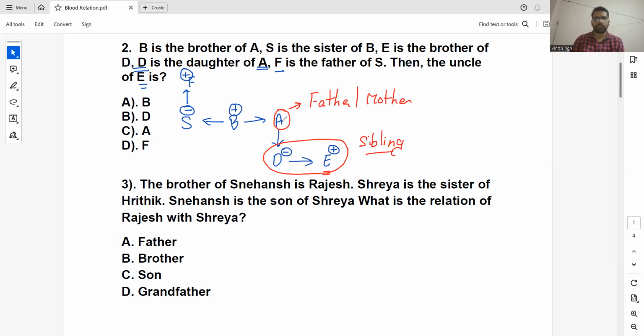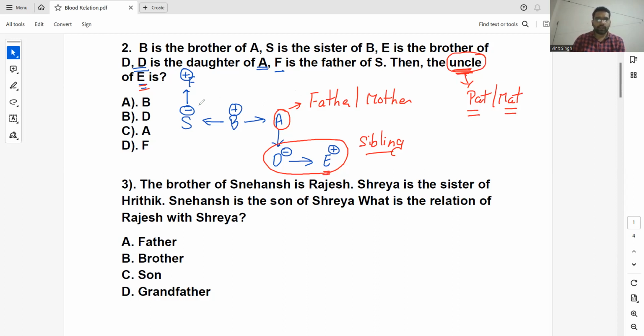A can be a father or mother of D and E. And we have to find the uncle of E. Now, here it is not given whether it is a paternal or maternal uncle. They ask only for the uncle. Because the gender of A is not given, that's why they are asking for only uncle. It can be a paternal uncle or maternal uncle.